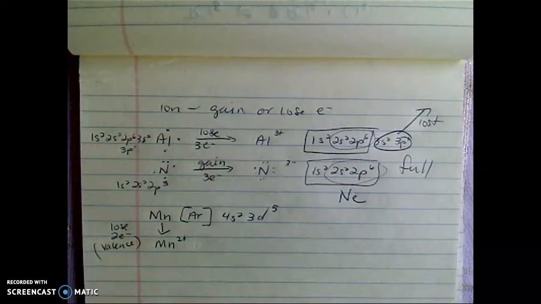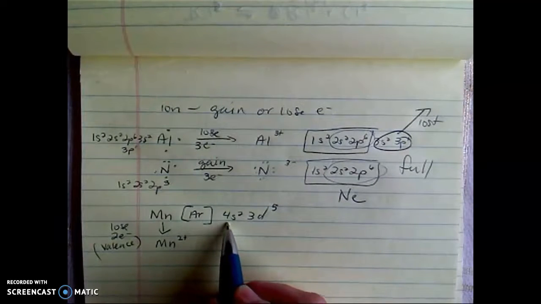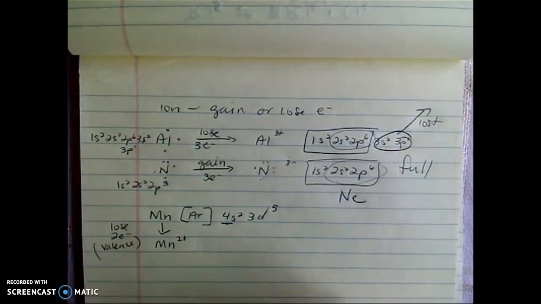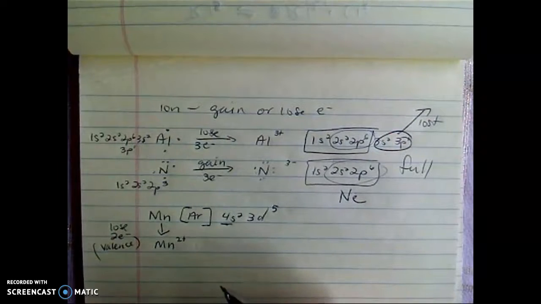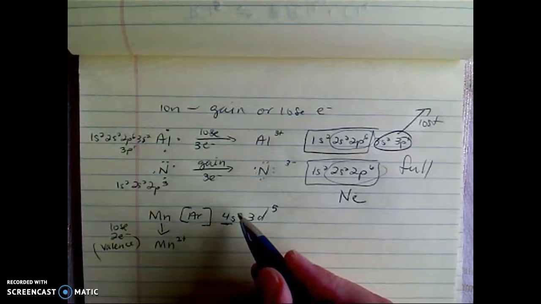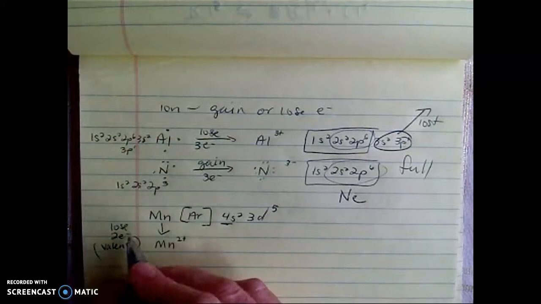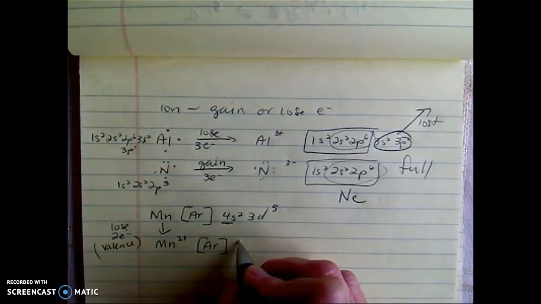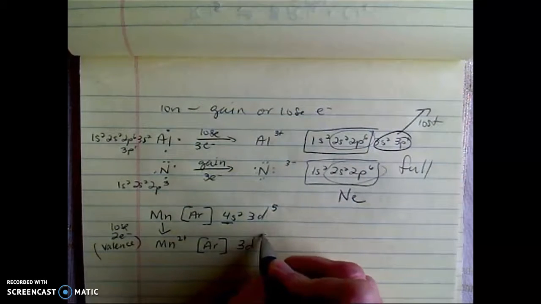Valence electrons are the ones that are in the highest energy level. Well, if we come over here and look at manganese and its electron configuration, 4 is the highest level. It has to take it out of that level first. So, when it loses 2, my new electron configuration is going to be Ar 3d5.